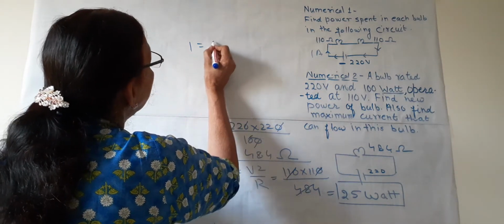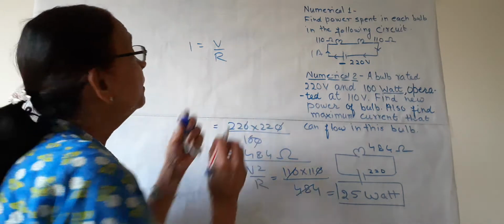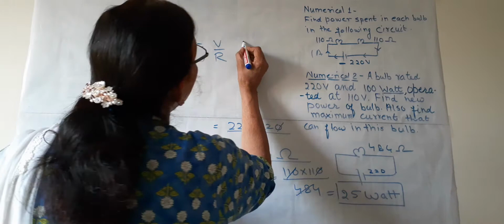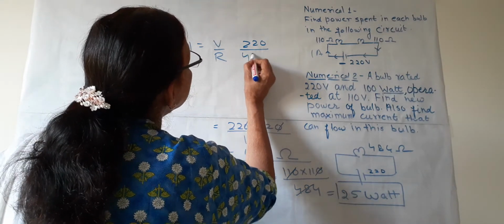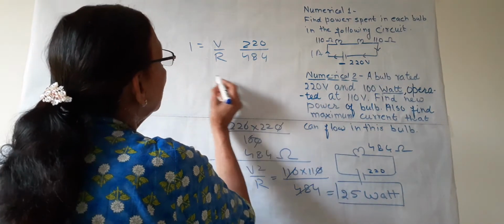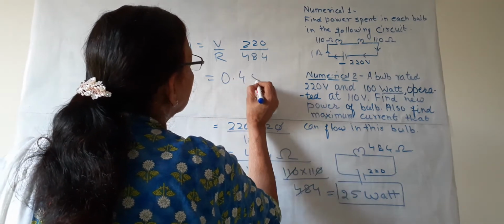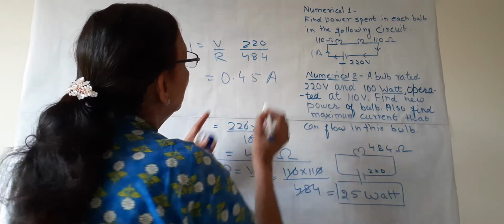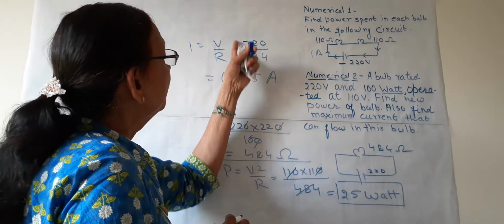I is equal to V upon R. V is 220 and R is 484. If you calculate these two, you will get 0.45 amperes.